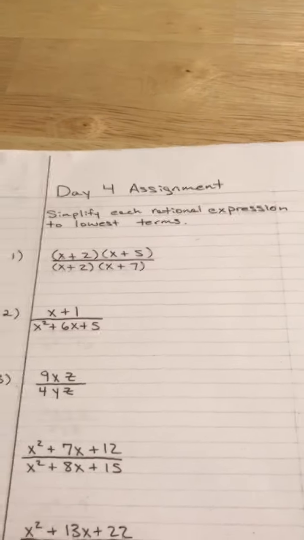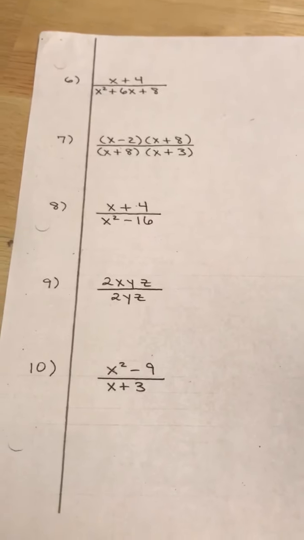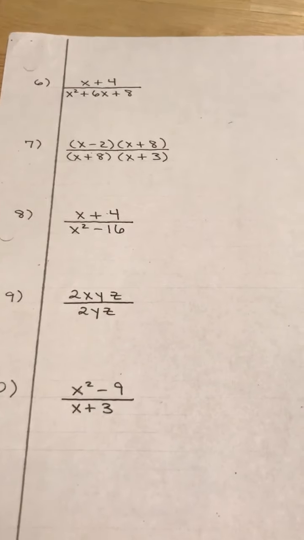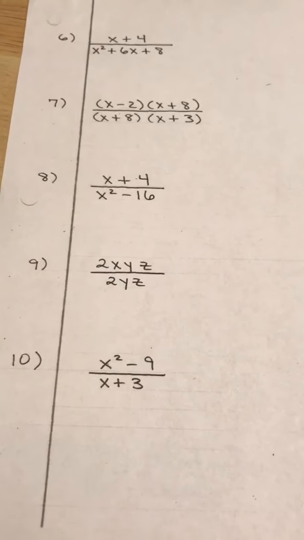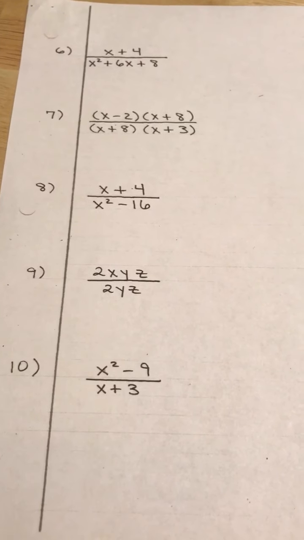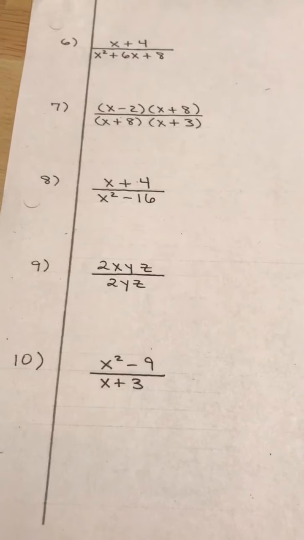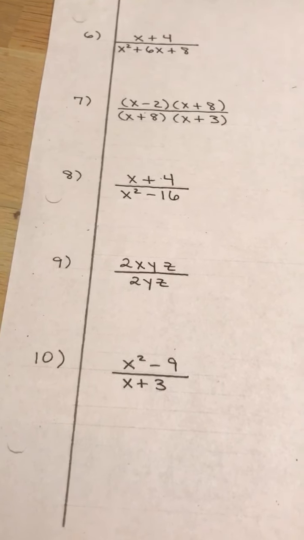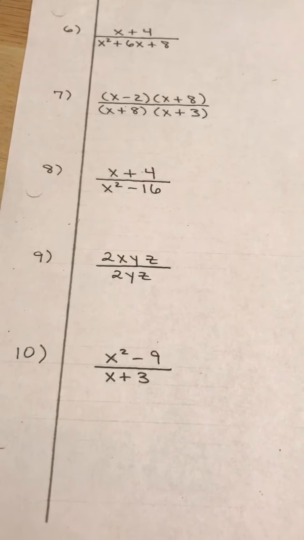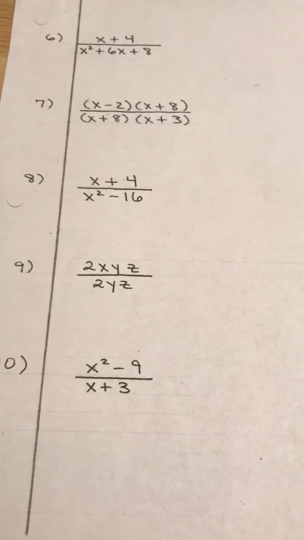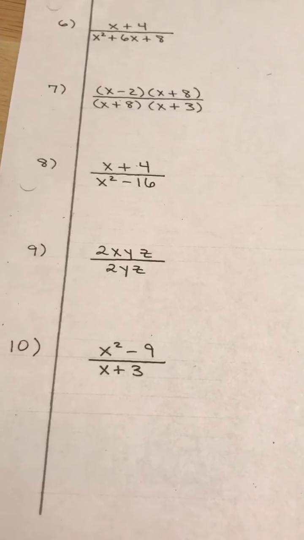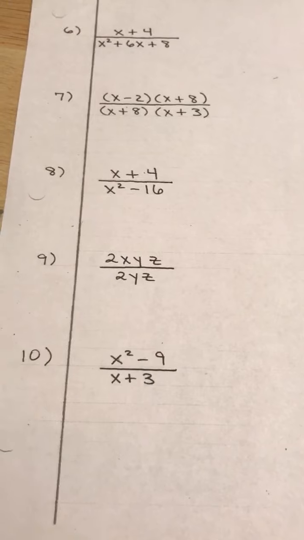Okay? Let's look at the second page. Alright, for these 5. Notice that number 7 and number 9 are already factored for you. You just have to cancel out common stuff on the top and bottom. But for number 6, number 8, number 10, you're going to have to either factor the top or the bottom, or both if you have to.